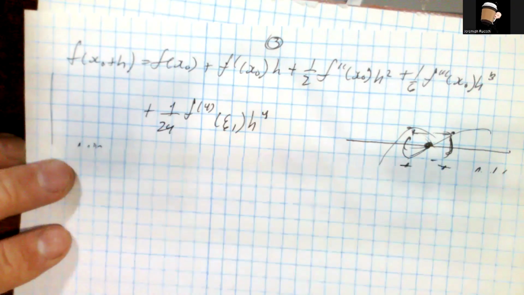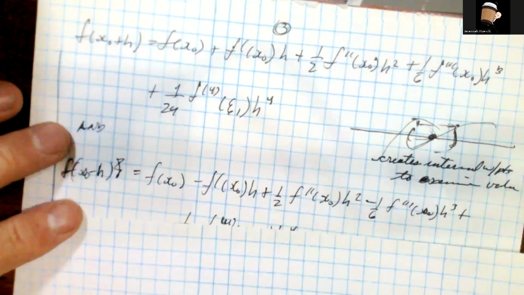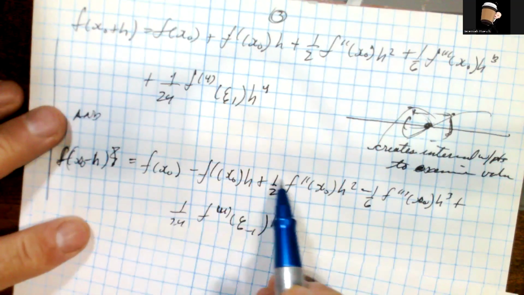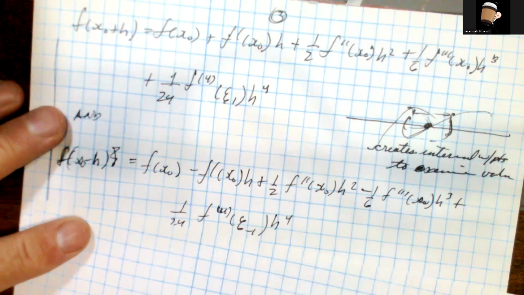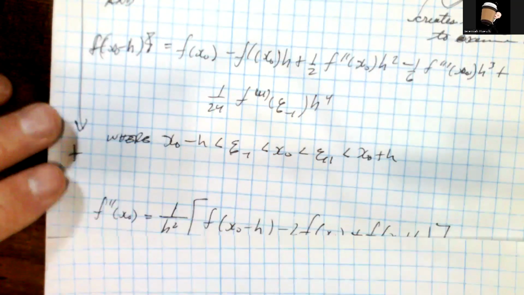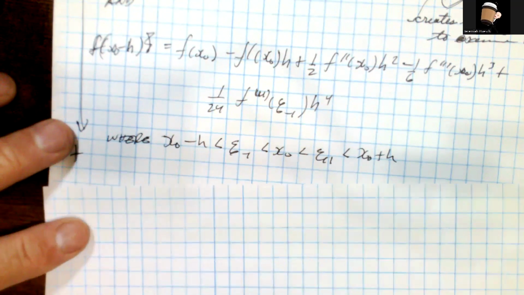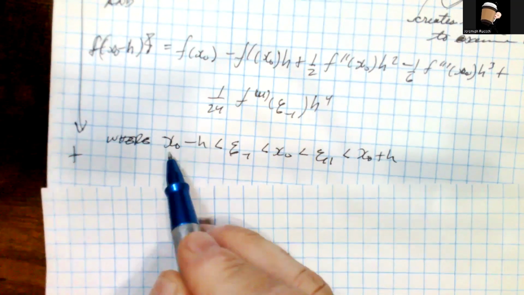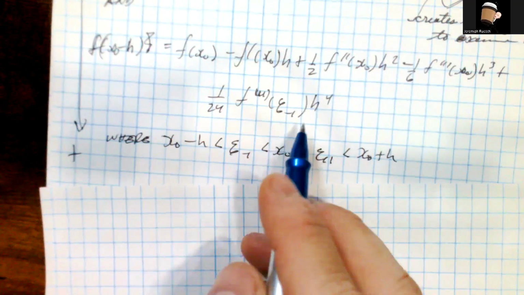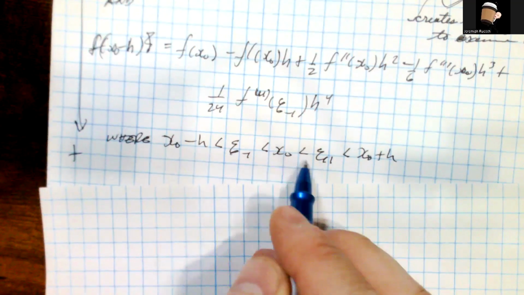And then if you continue to expand that with f of x naught minus h, you get a very similar result, but you're going to see an alternating difference in signs. And so what's nice about that is if you then add the two together, first of all, note that x naught minus h is going to be less than your error term for the negative one, which is going to be less than x naught.